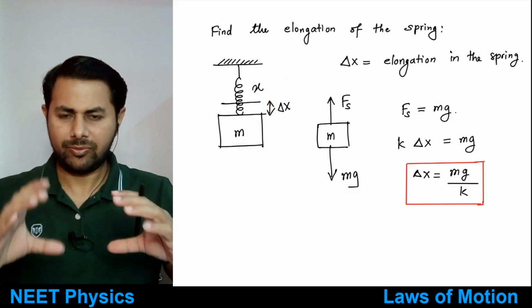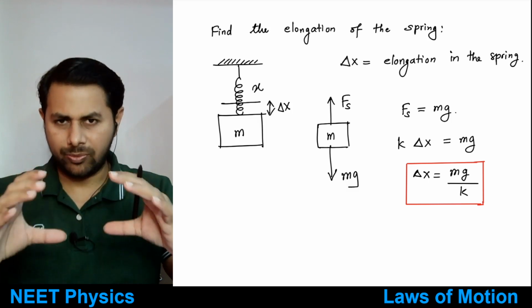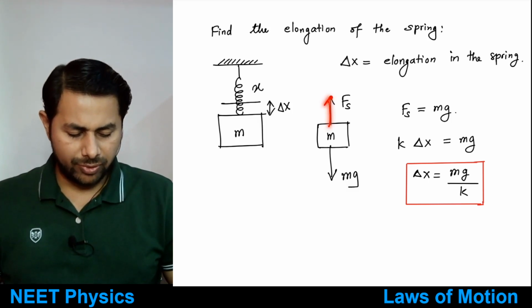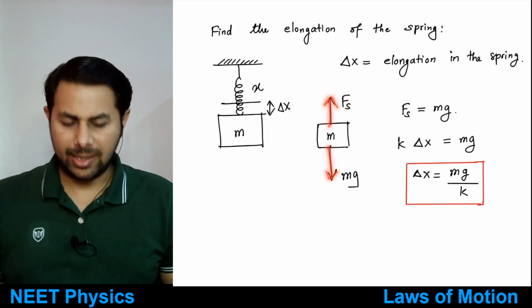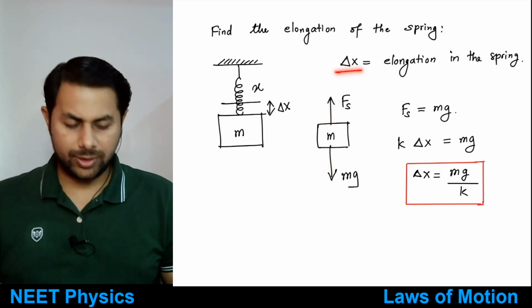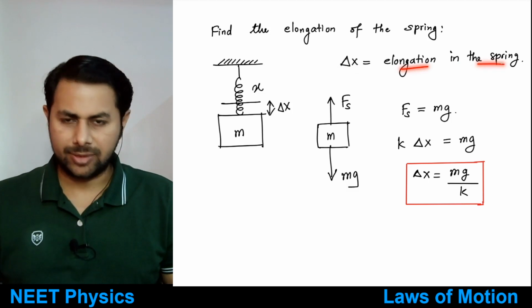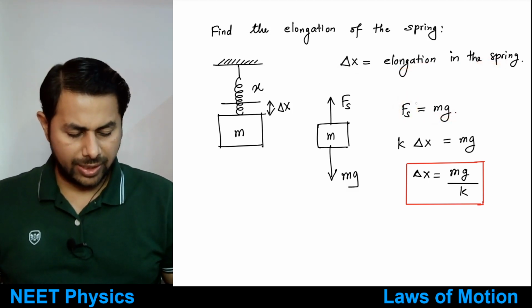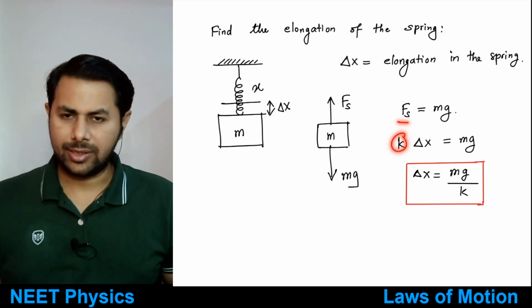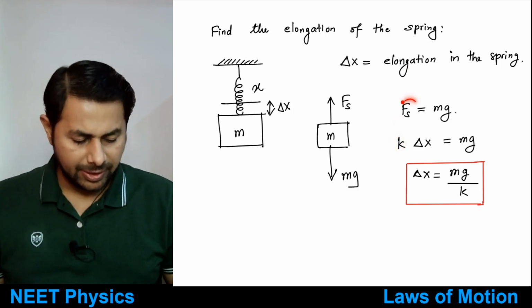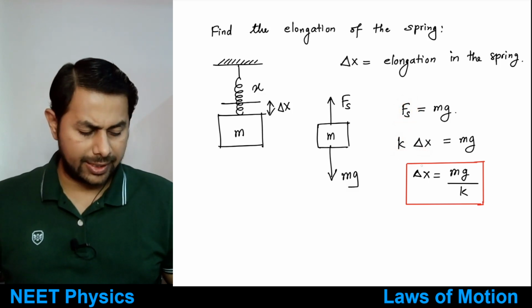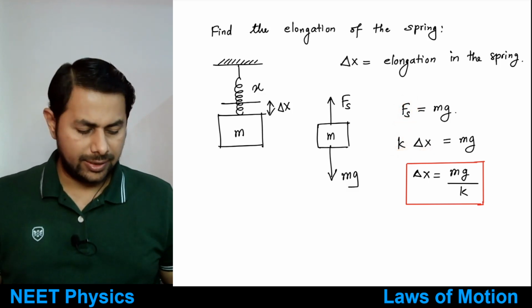At equilibrium, when the mass is not accelerating upwards or downwards, the spring force and the weight must be balanced. Suppose delta x is the elongation in the spring. So spring force is equal to mg. Fs is equal to k times delta x, and that's equal to mg.